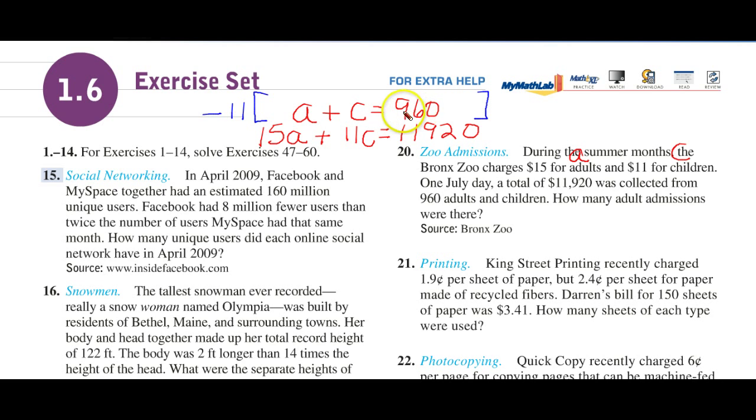And remember, you'd have to multiply this. Now you could also use substitution, where you say A is equal to 960, just transpose the C, minus C. Again, you have the choice when you are doing word problems and they're not telling you specifically what method to use.